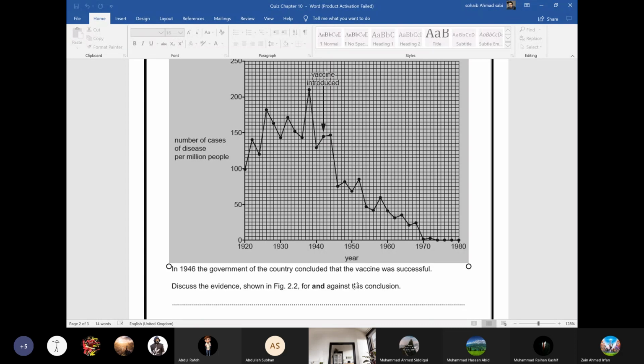Just look at the graph and try to answer the question. Can I tell one point? Yes, sure. It decreased the cases of disease per million people over the years. Very good answer. Any other point?